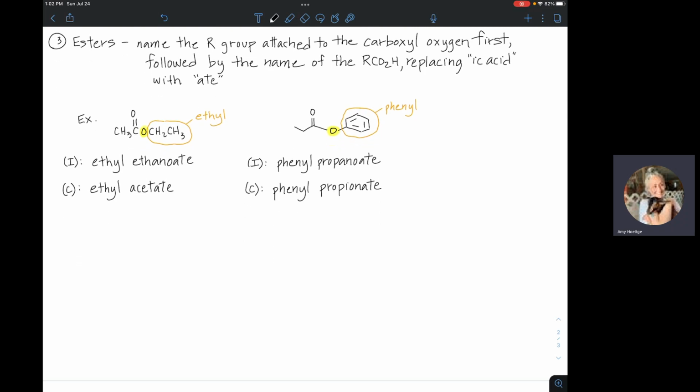So I was telling you, let me do one more. We'll do one more. Esters are fun. IUPAC nomenclature.